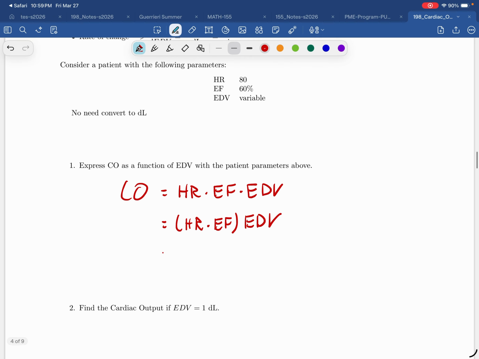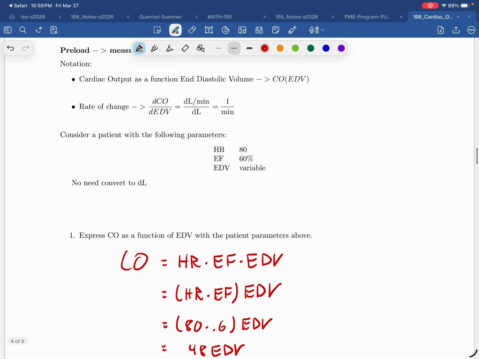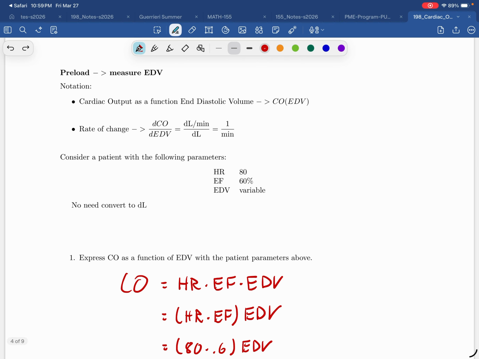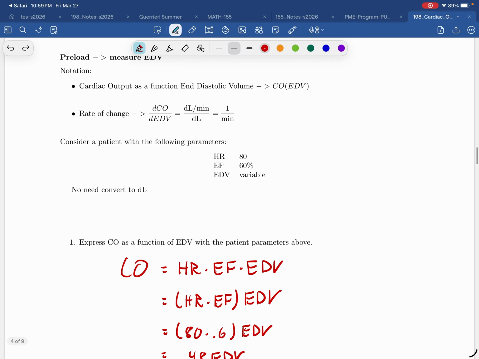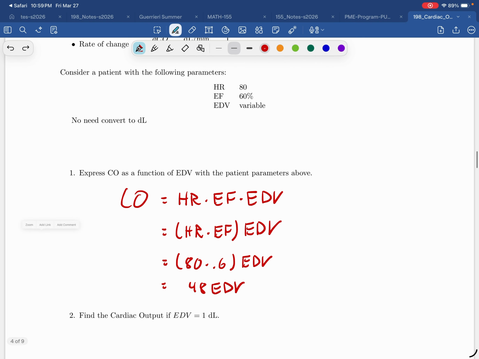And now if we use the patient parameters above, that's 80 times 0.6 EDV, and I think we said that was 48 EDV. Now maybe you want to pause for a second and take a look at the units. Remember, cardiac output is always deciliters per minute.